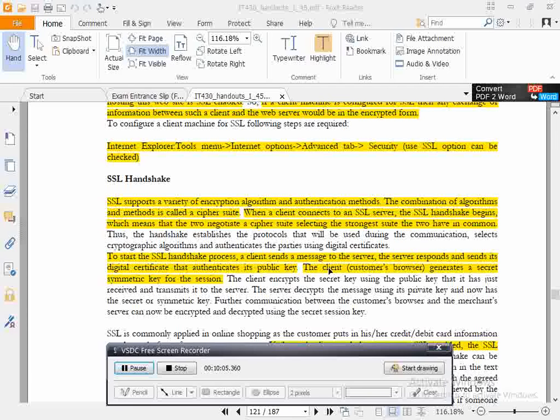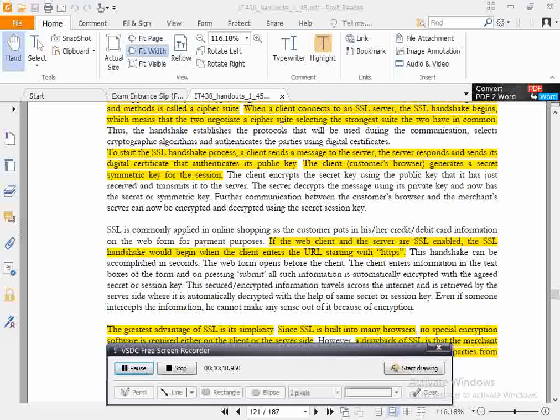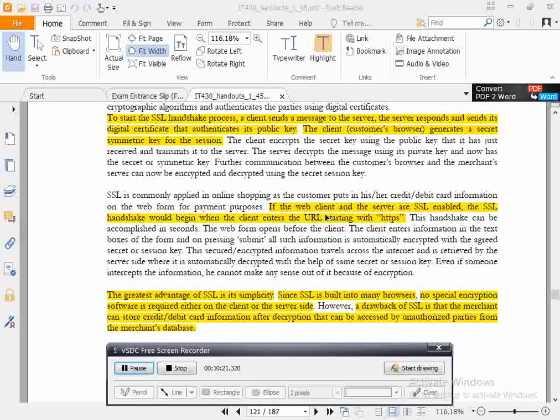The client's customer browser generates a secret symmetric key for the session. If the web client and the server are SSL enabled, the SSL handshake would begin when the client enters the URL starting with HTTPS.